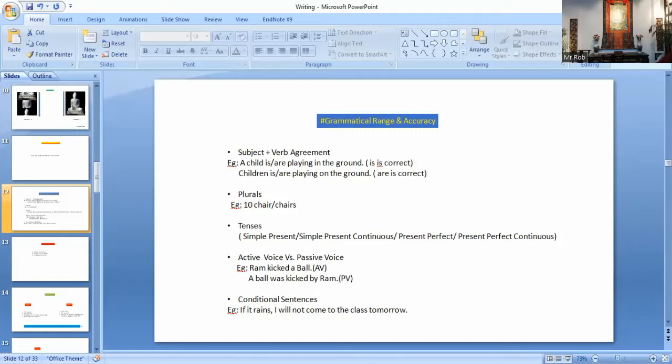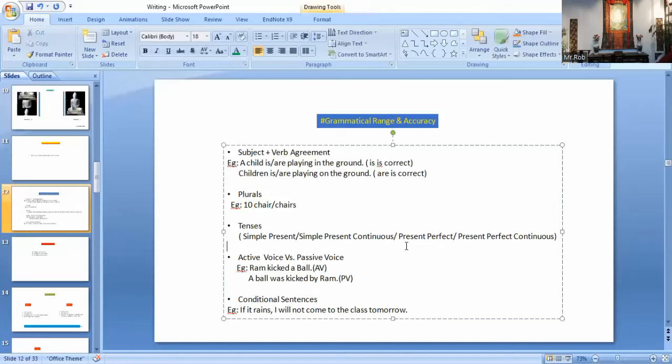Or if you want to say something about the past, similarly use the past tense, or for tomorrow, use the future tense. Similarly, you can use simple past tense or simple future tense. So use these different forms of tenses as per your needs.